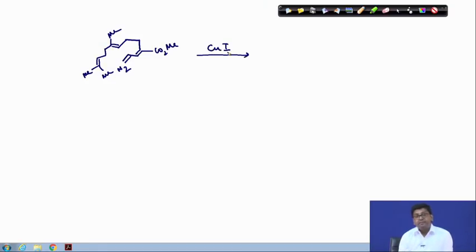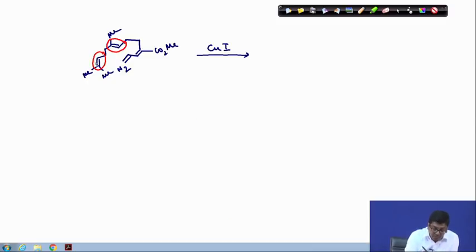Now, in the presence of copper iodide, there are actually two different olefins, but the formed metallocarbene will selectively react with only one double bond.